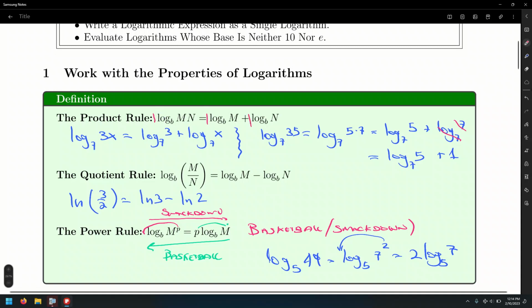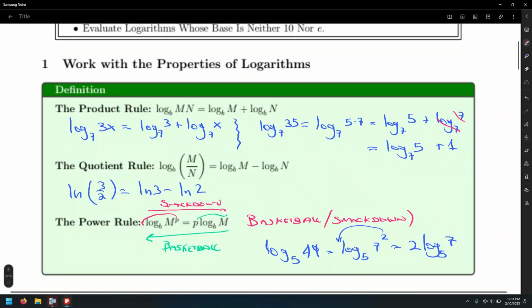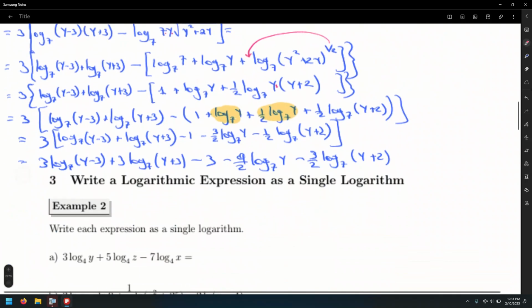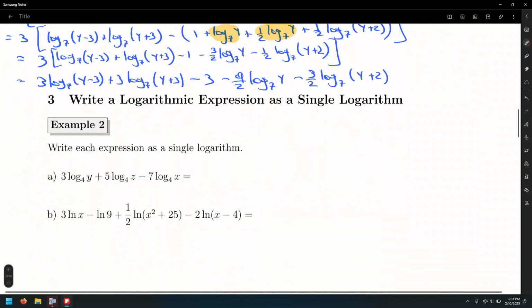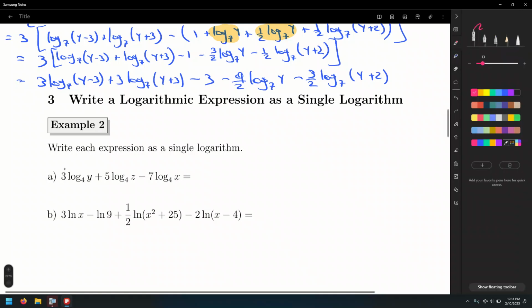We don't have anything else multiplying, so whenever we don't have any coefficient, it's understood to be a 1. Here, for these three terms, we have coefficients in front of the log operator. We need to get rid of those coefficients. How about we send them to become exponents by the basketball rule? All right, so let's basketball all the coefficients.